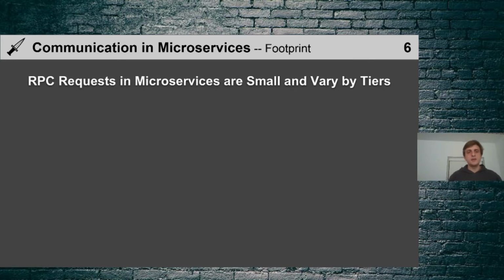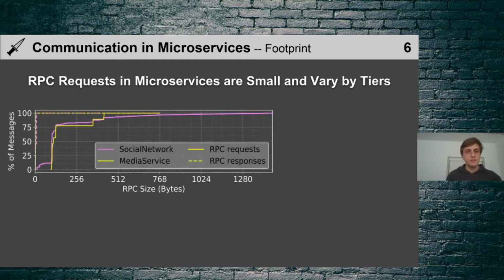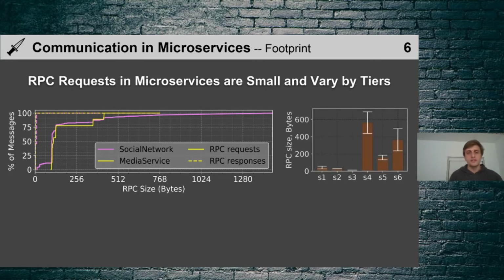Second, RPC requests in microservices are small and vary by tiers. This figure shows that for the social network and media service benchmarks, more than 90% of messages are smaller than 512 bytes. Moreover, the sizes of RPC requests and responses vary by tiers. Some of them are small, but some of them, such as S4 and S6 services, are relatively large.